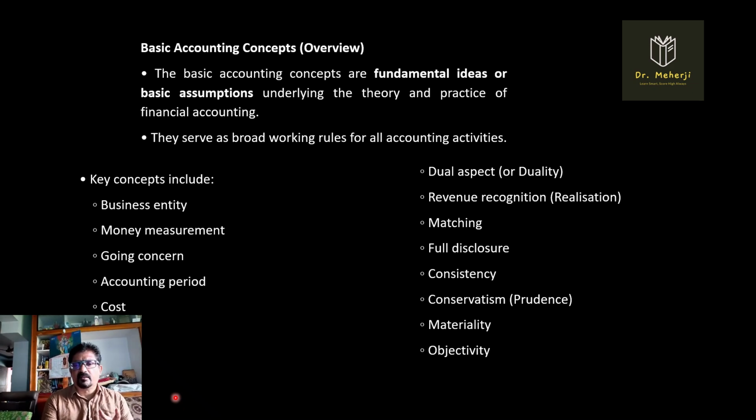The main or important concepts are the business entity concept: business is separate and owners are separate. Money measurement concept, going concern concept, accounting period concept, cost concept. All these concepts we will see one by one later on.